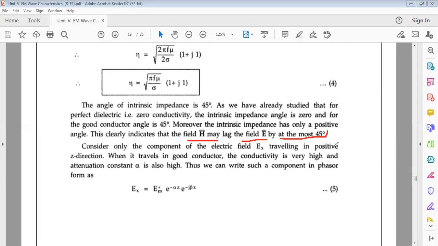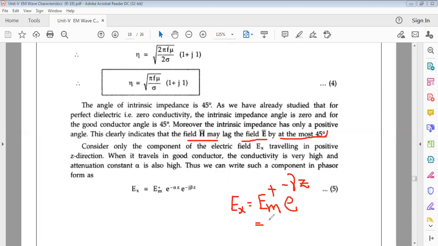So consider only the component of electric field Ex traveling in the positive Z direction. When it travels in a good conductor, the conductivity is very high and the attenuation constant is also high. Thus, we can write such a component in phasor form: Ex is equal to the amplitude Em plus e power minus gamma into z, in the positive z direction.